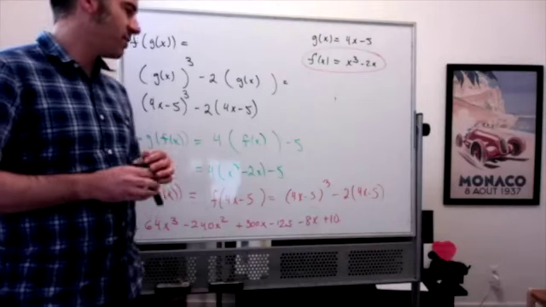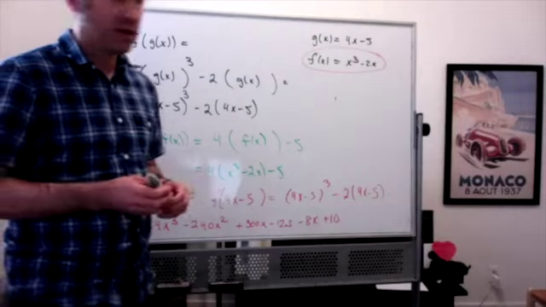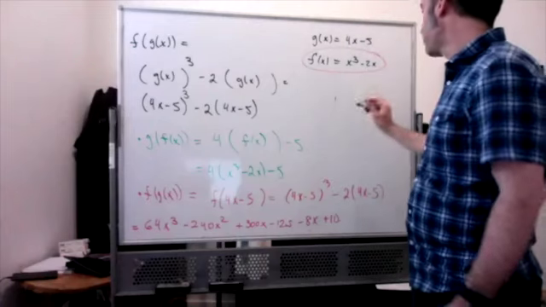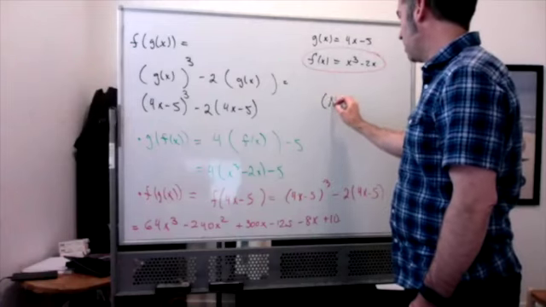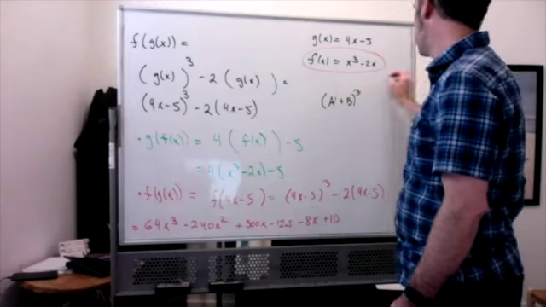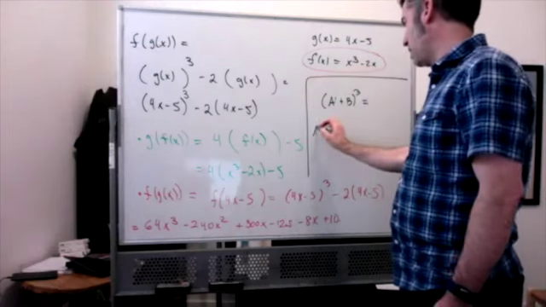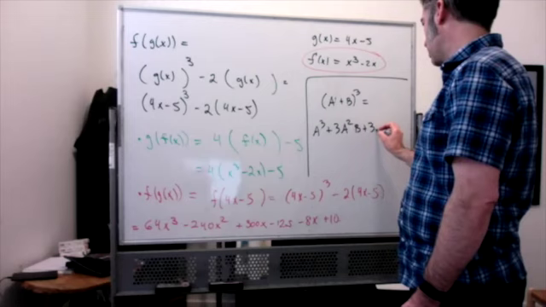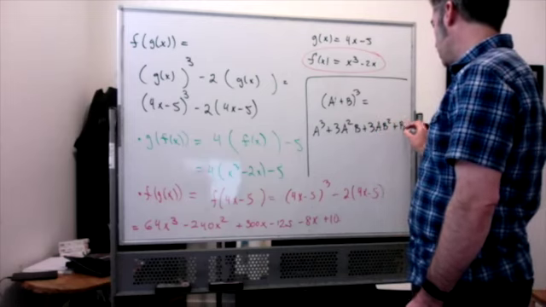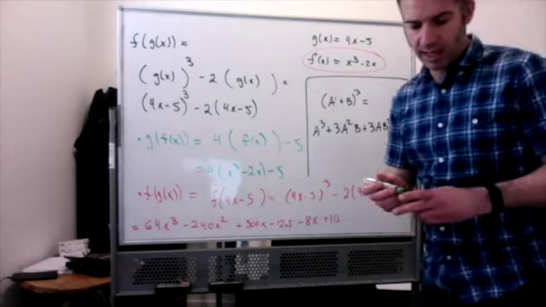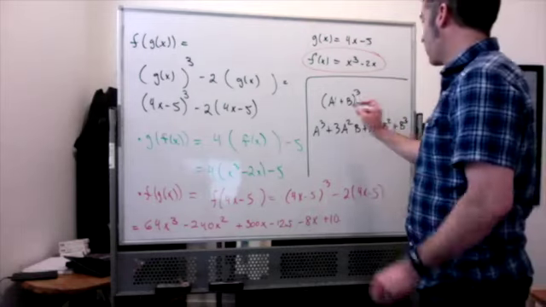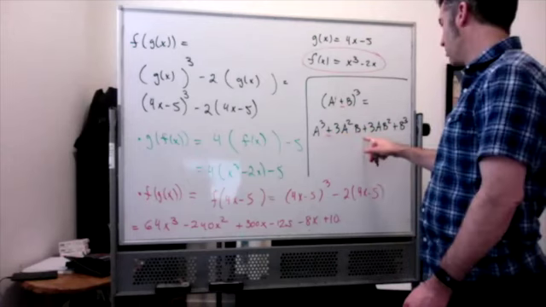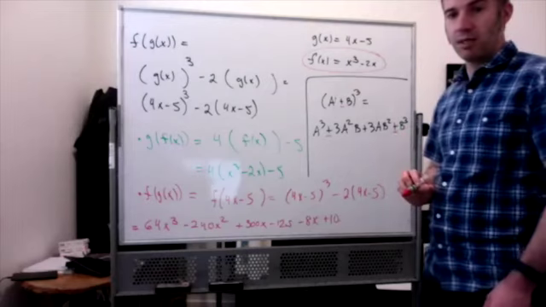But just to point out how I multiply these out, when I'm multiplying out some quantity cubed, I'm using the fact that a plus b cubed is equal to a cubed plus 3a squared b plus 3ab squared plus b cubed. And if it's a minus sign, then every other term switches. So a minus b cubed is a cubed minus 3a squared b plus 3ab squared minus b cubed.